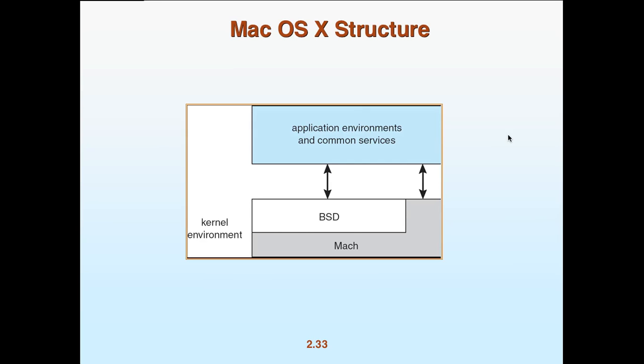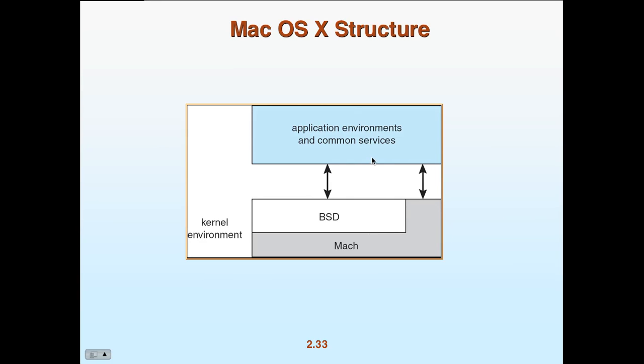So here's the Mac OS X structure, where we have a Mach microkernel and a BSD Linux system. The kernel environment is actually separated out in terms of the underlying support for the hardware that's specific to the OS X kernel support, and the BSD kernel loads on top of that.